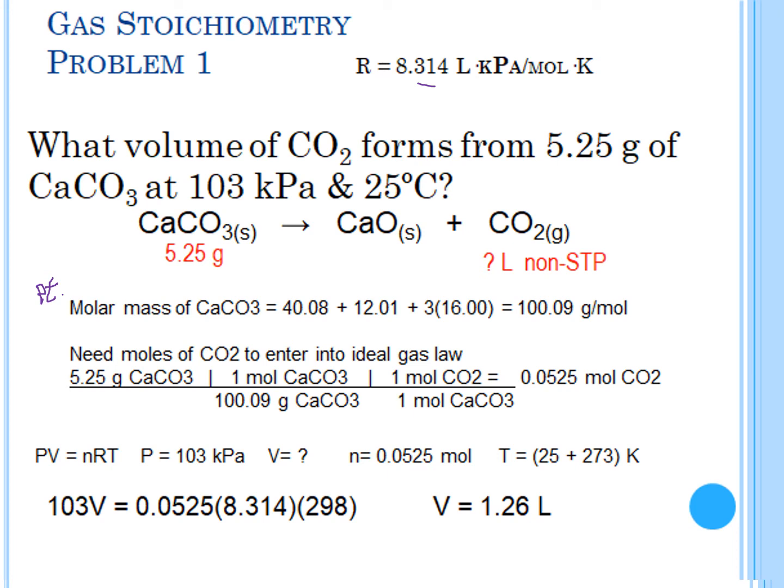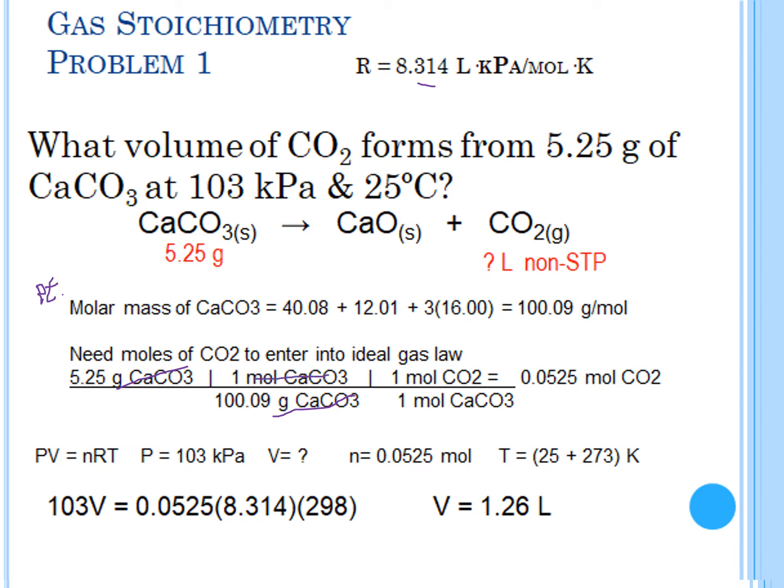So I need moles of CO2 in order to use my ideal gas law. I can plug in each piece into my dimensional analysis fence. Grams of calcium carbonate will cancel. That's grams of a substance to moles of the substance using molar mass. So now I'm in moles of calcium carbonate.